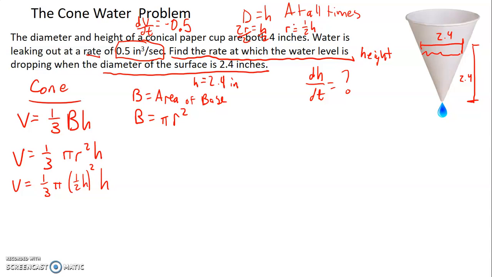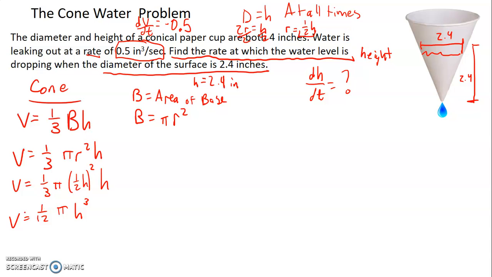Instead of the radius, I just plugged in half of the height. When you square it, make sure you square 1/2 as well. So 1/2 times 1/2 is 1/4. 1/4 times 1/3 altogether is going to be 1/12. We've still got a pi. H squared times h altogether is h cubed.